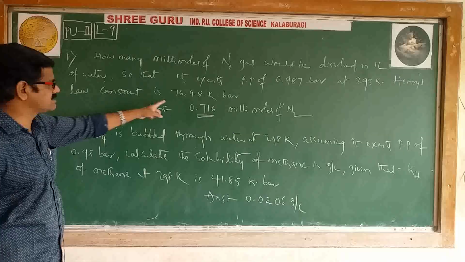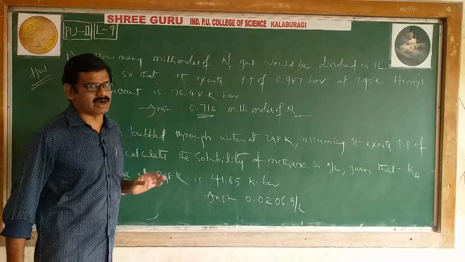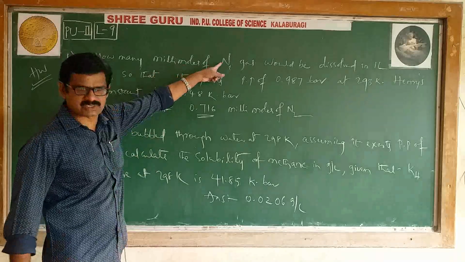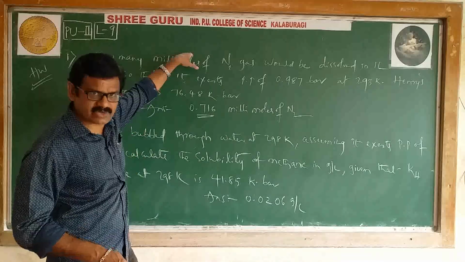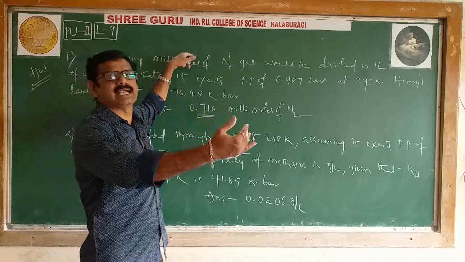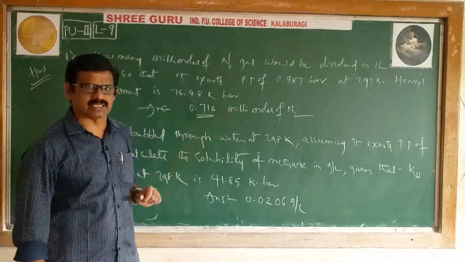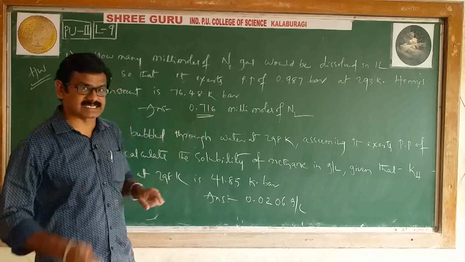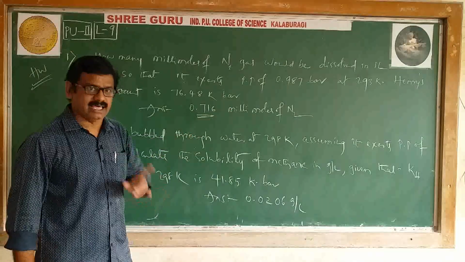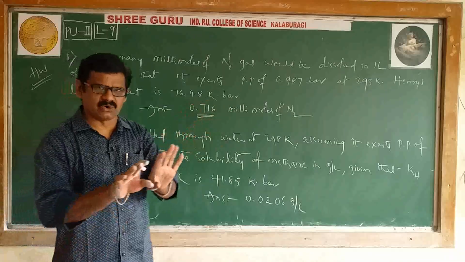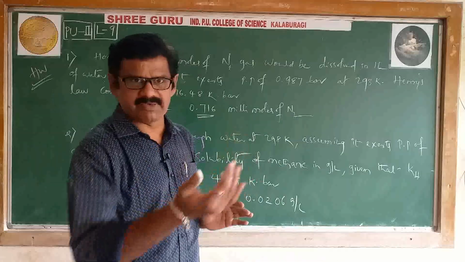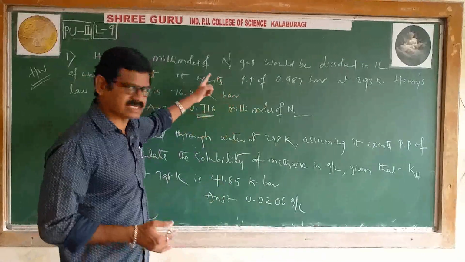Henry's law constant is given in kilobar. It asks millimoles. Same model question, already we have solved. Please go through that problem and solve this question. The answer is also given here: 0.716 millimoles of nitrogen. Same model, no difference at all. If you understand the previous problem, we can solve this easily.